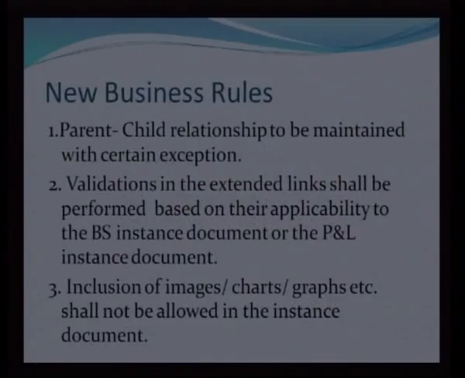Now there are a few business rules. I will take just 2 minutes to discuss these business rules. There are new business rules just given by MCA 2 days ago. If there is a parent, there has got to be a child. For example, if we are providing the total for building, and in the taxonomy there is a hierarchy, building, factory building, residential building or office building, if children are available, you have to provide the details.